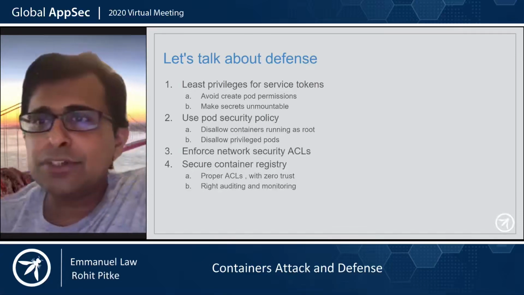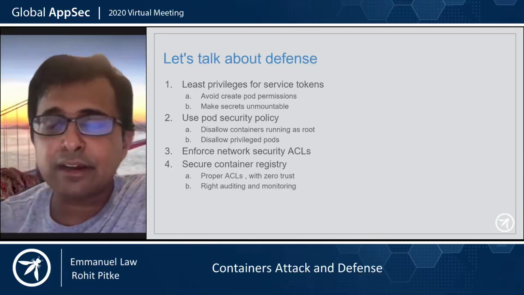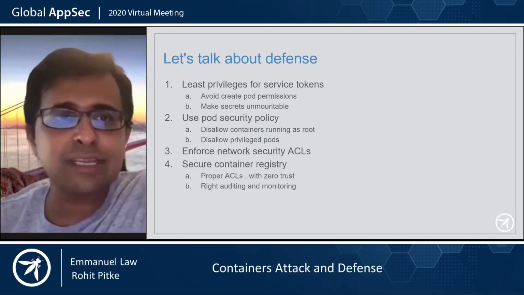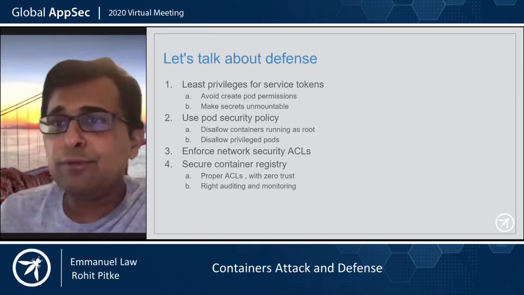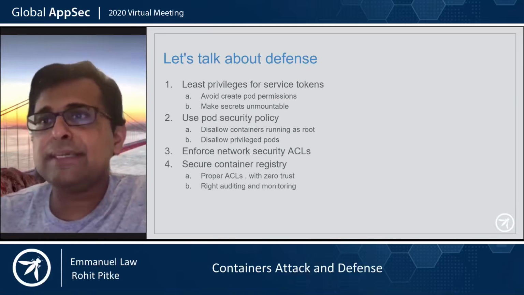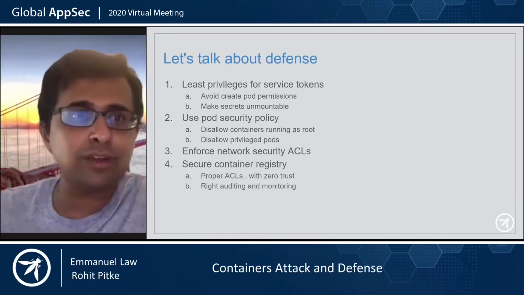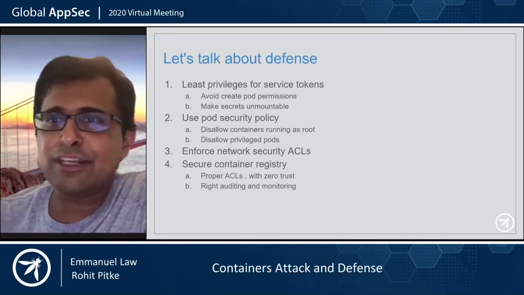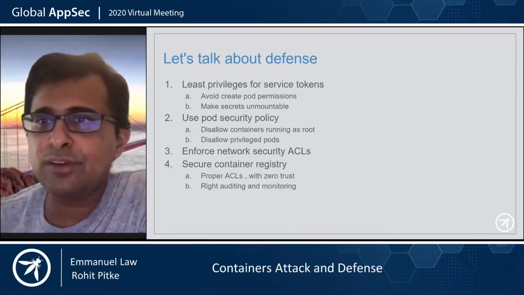In the pod security policy, I recommend that you disable all containers running as root unless it is absolutely required, and also disable privileged pods, again unless required. Though it will not completely stop lateral movement and persistence, it will limit an attacker to a greater extent.